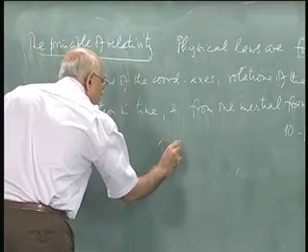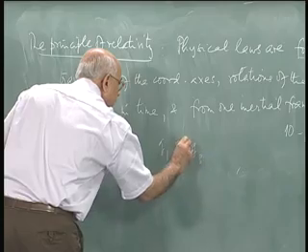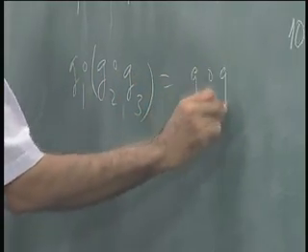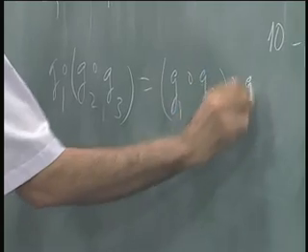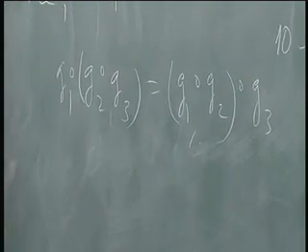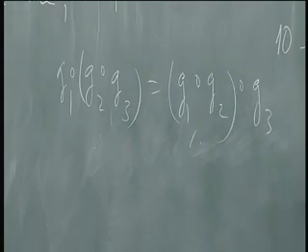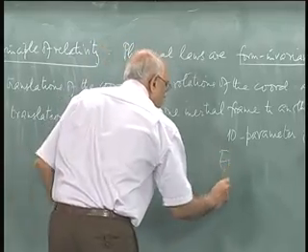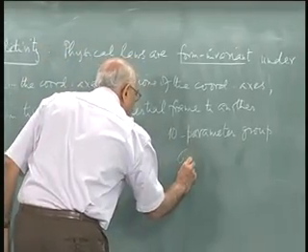So G1, G2, G3. That was the group associative law, and that is also needed for a group as was pointed out. And this group here is called the Euclidean group, is called the Galilean group.